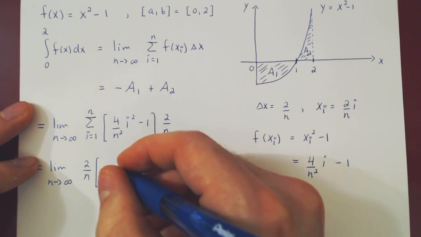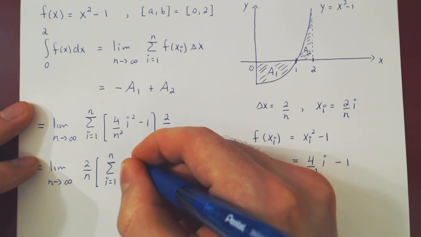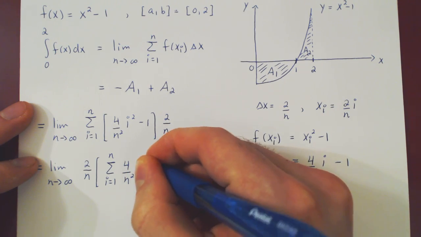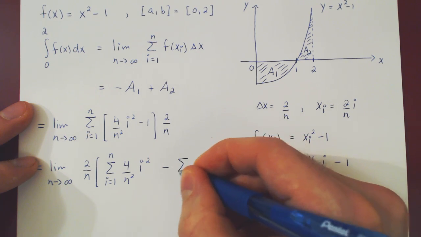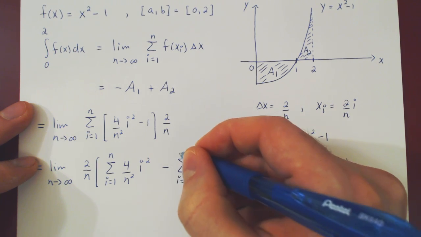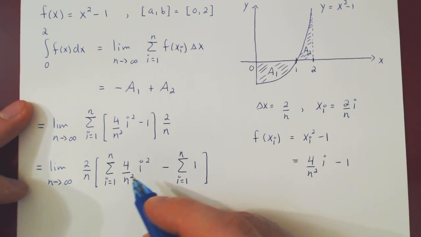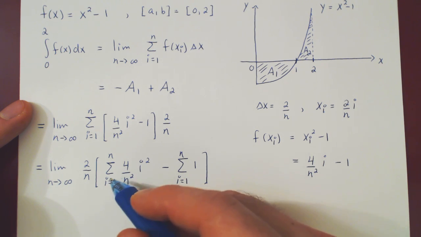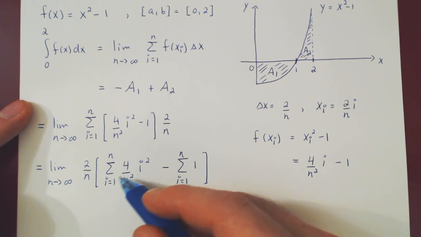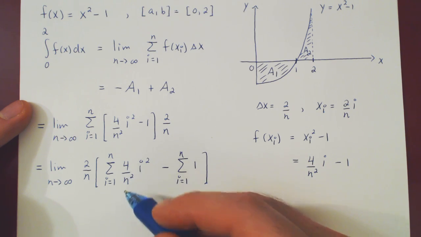So this will be first the sum of 4 over n squared, i squared, minus the sum of 1. So I'm doing two things at once here. Second property, or I should say first property for the second time. Again, we're summing with respect to i, so we can pull out the 4 over n squared, as there is no i, so this is once again a constant.